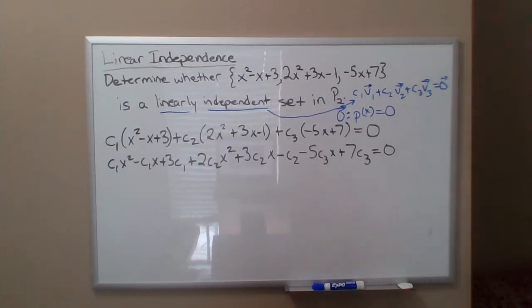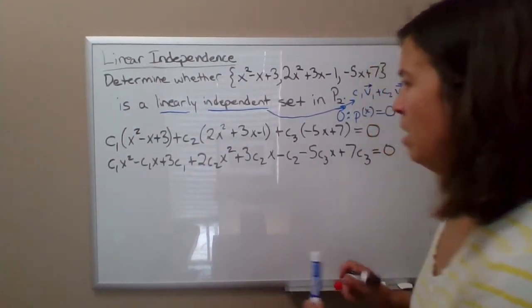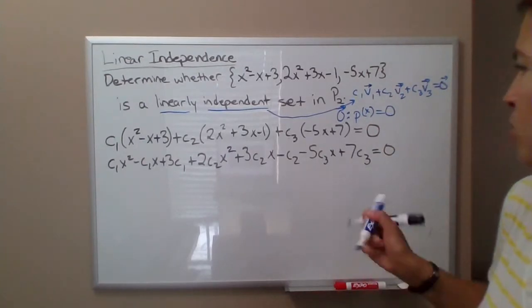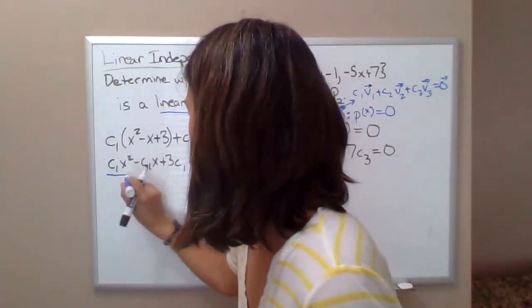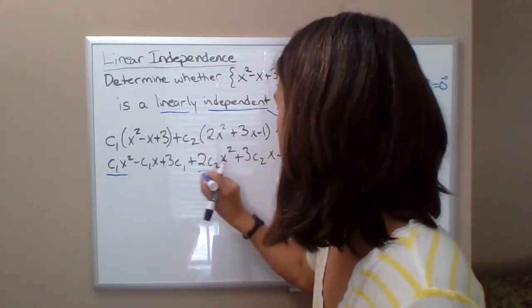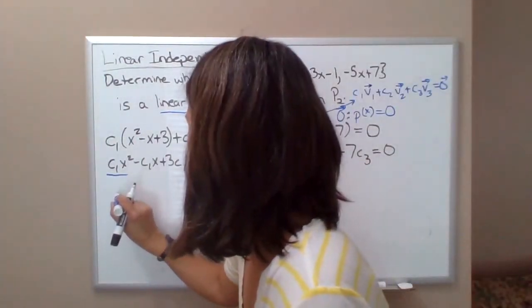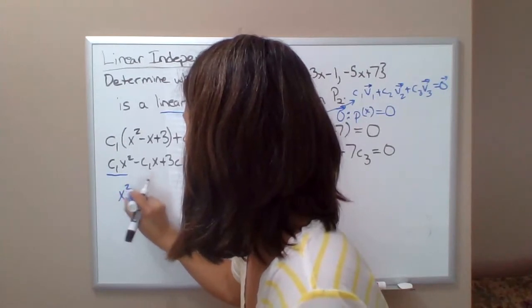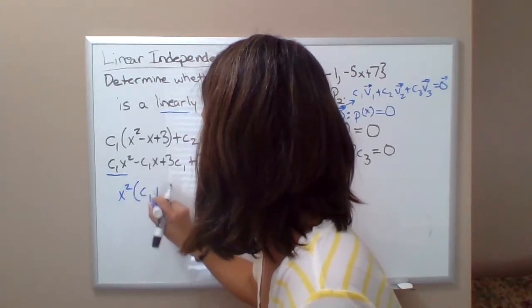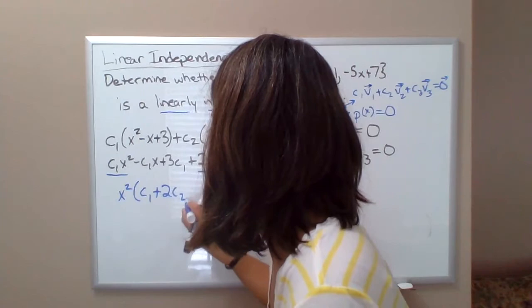So with a problem like this, what I like to do is now combine powers of x. So collect the x squared terms, here and here, right? So the coefficient of x squared is C1 plus 2C2.